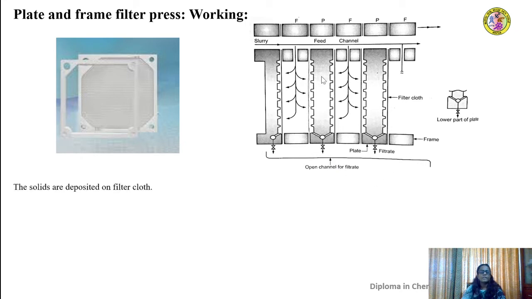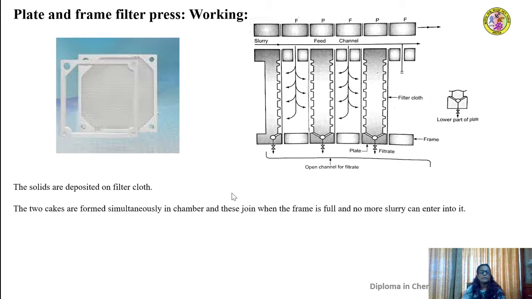During that process, the solids will get deposited on the filter cloth in the form of cake. So two cakes simultaneously form in each chamber, one on the left side, one on the right side.